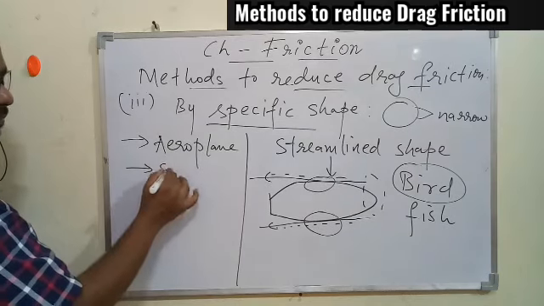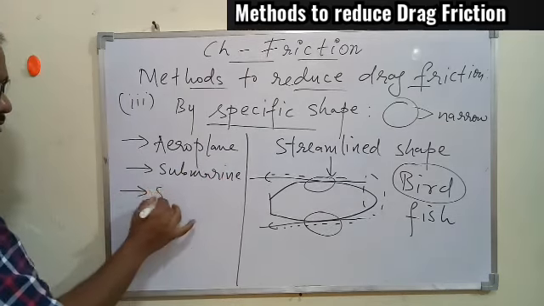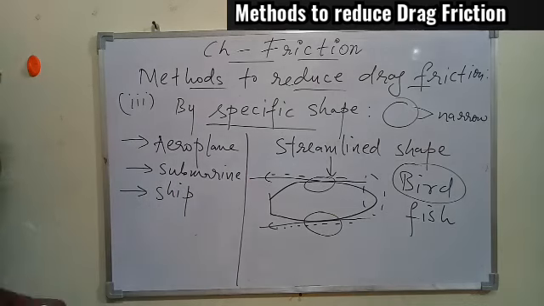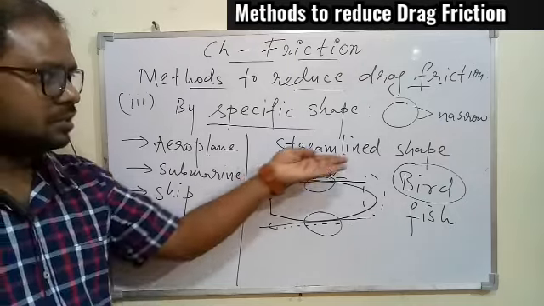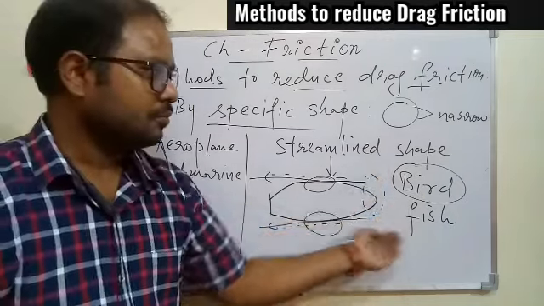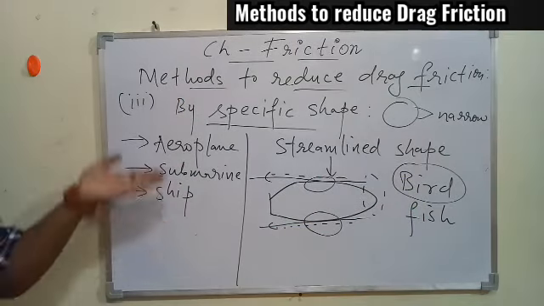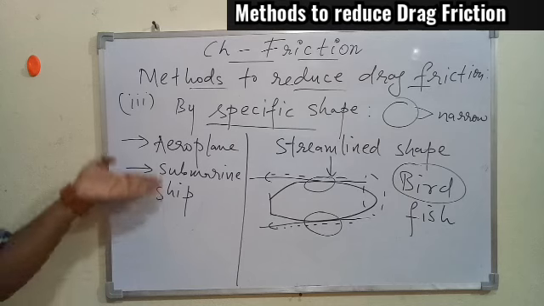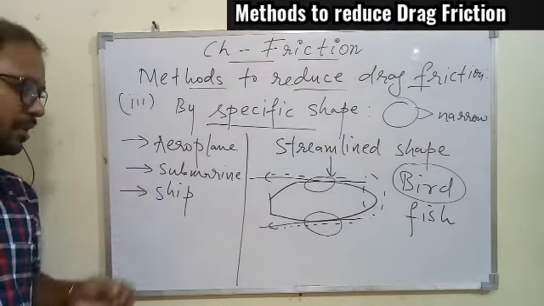You see the submarine, you see the ship. That is what we have created, artificial, okay, and the bird and the fish are natural. So from learning with the nature, we are able to create something ourselves, and we have given particular shape to the aeroplane, to the submarine, the ship.